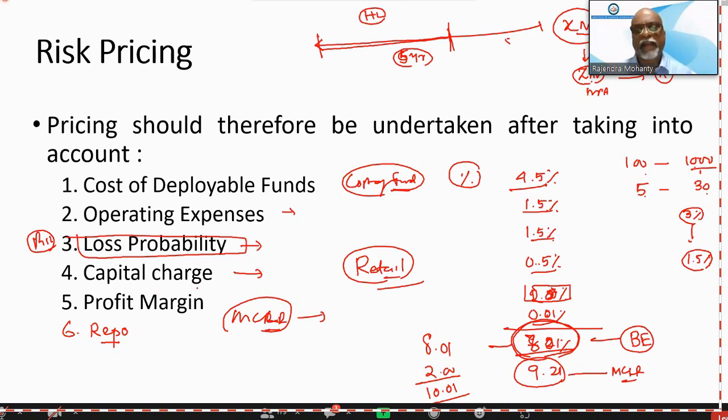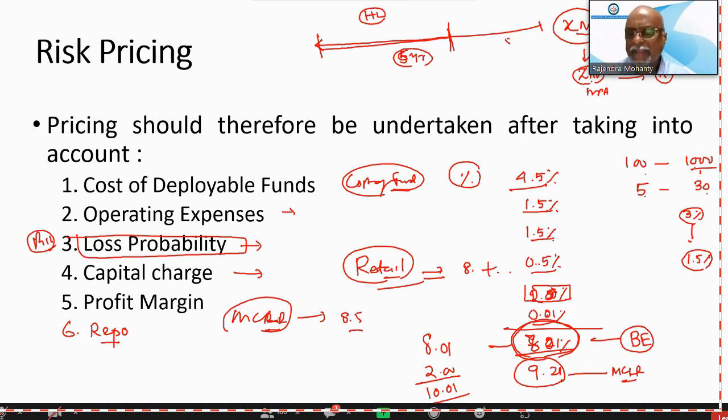Loss probability might be less in retail loans than in the normal traditional loans. So if suppose your MCLR is say 8.5%, the retail rate given might be 8%.